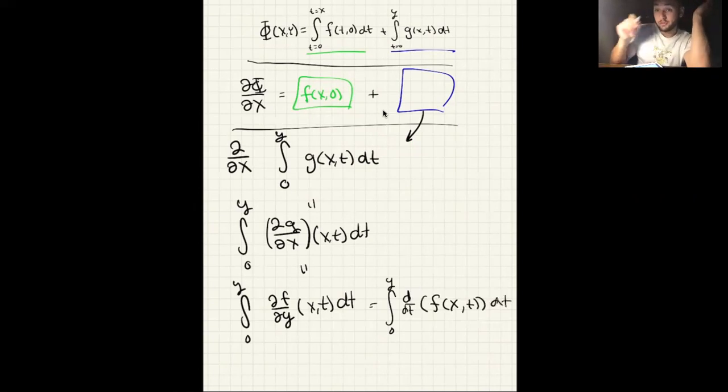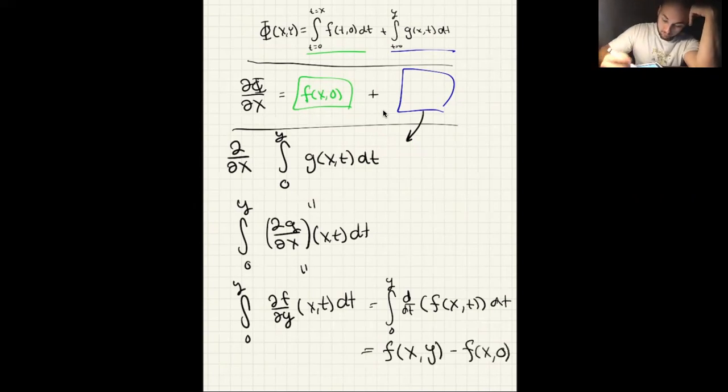Whenever you have an integral of a derivative, they cancel out, and this gives you f(x, y) minus f(x, 0). I'm getting those numbers because the y comes from up here, and the 0 comes from down here. And so that goes in our blue box: f(x, y) minus f(x, 0).